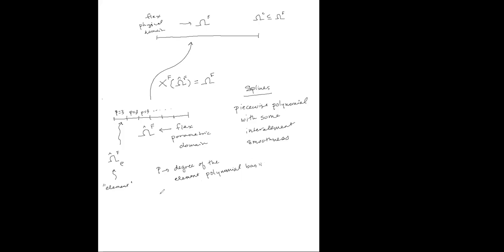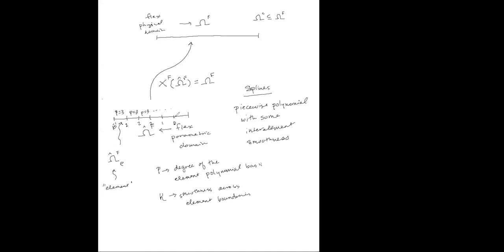And then let's call K the smoothness, or differentiability, across element boundaries. So maybe K, for example, at the endpoint, let's just make it discontinuous. So it's -1. Maybe we make it C2, C2, C2, C1, C0.